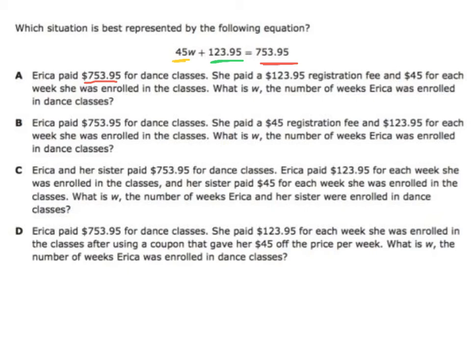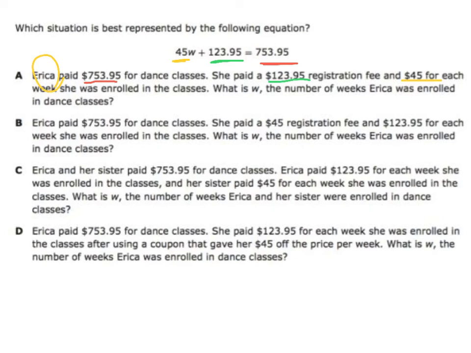We have our constant, which is 123.95, and 45 for each week. We're looking for the total number of weeks, and that works. Well, look at there. We got lucky on both problems, and they were answer A. So the problem here was answer A. You can't see the letter, so I'll just circle right there.